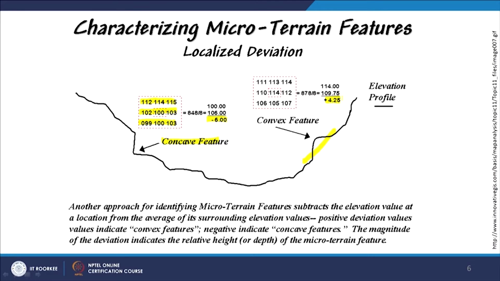How is it coming? Because the search is now being made in the neighborhood, and it is found that this cell has a higher value than the surroundings, whereas in the concave feature case the central cell has a lower value compared to the surroundings, as you can also see in that part.